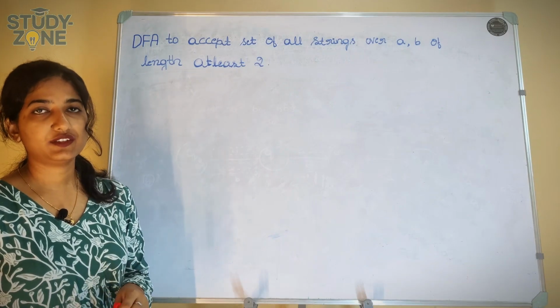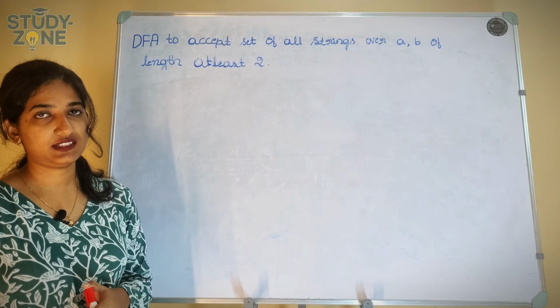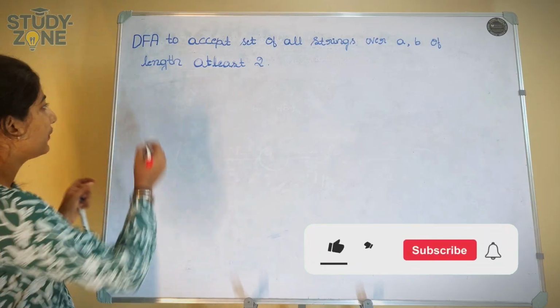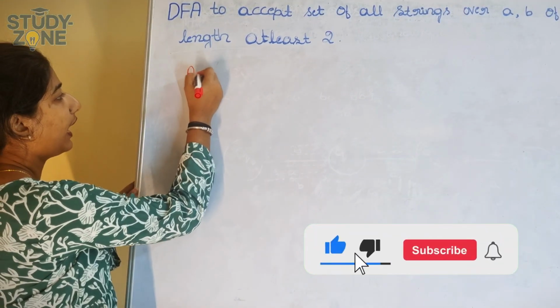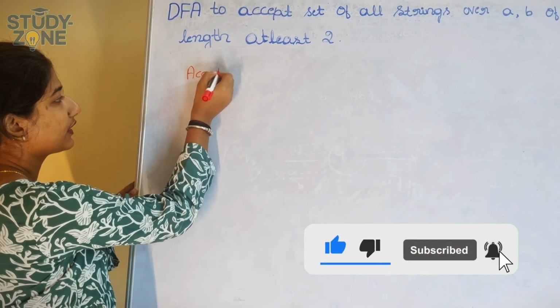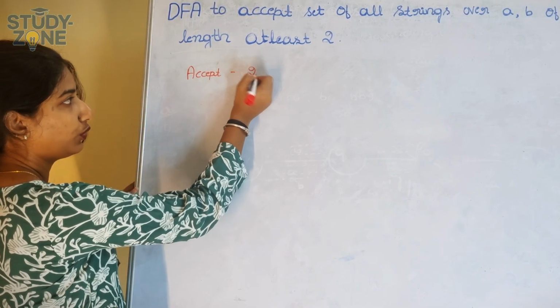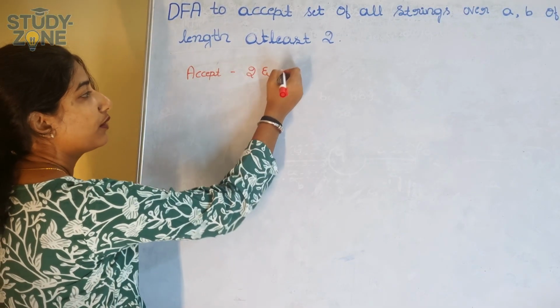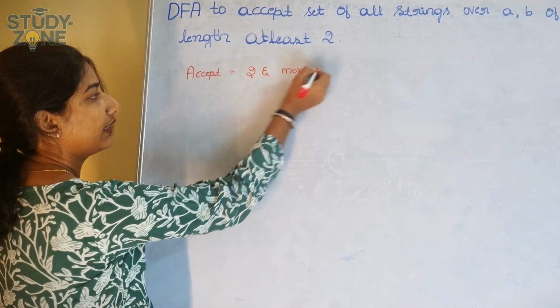Okay, to begin with we have to understand these things first. Here we have to accept strings of length 2 and more than 2. Why?